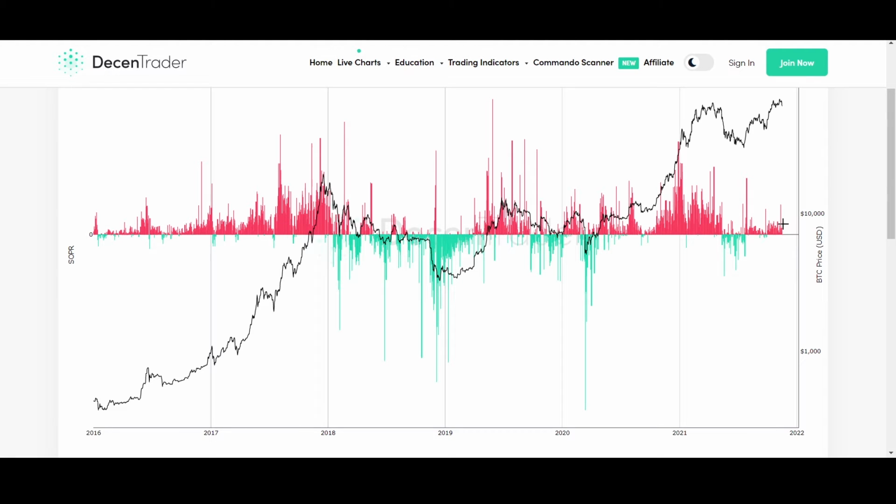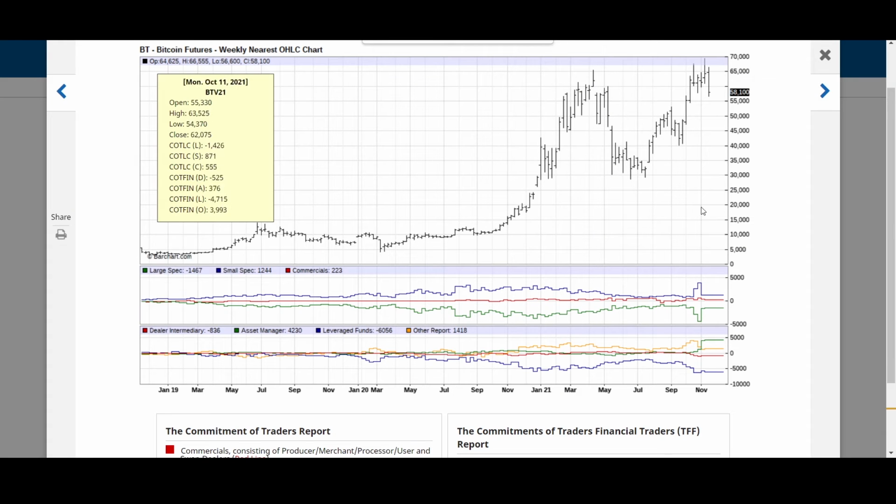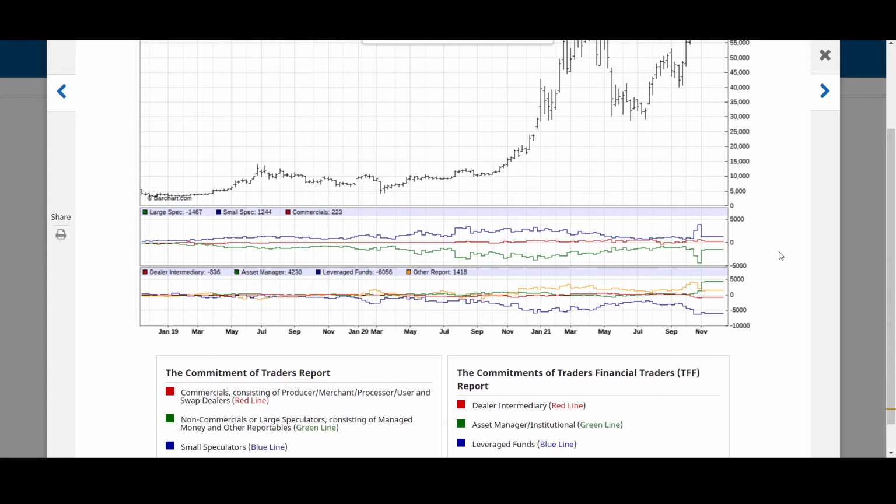But we can find that the volume of positive SOPR right here has been at a higher level than right there. So we may find that the negative territory might not be very significantly visible right here.